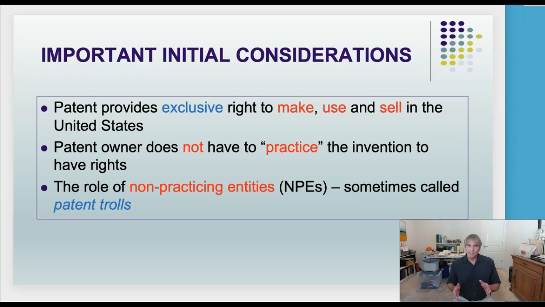So I think you can see how this might be good for, let's say, the garage inventor, who creatively tinkers with ideas, but never plans to actually engage in the business side of developing or selling products. The patent gives the inventor the power to negotiate with others who may want to bring working products to market because they can't do so without his permission.